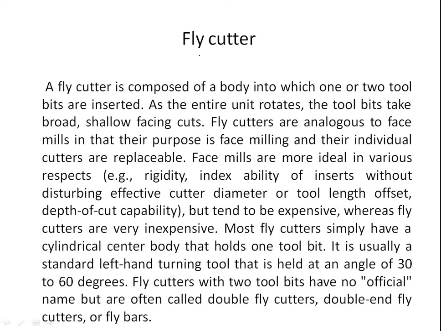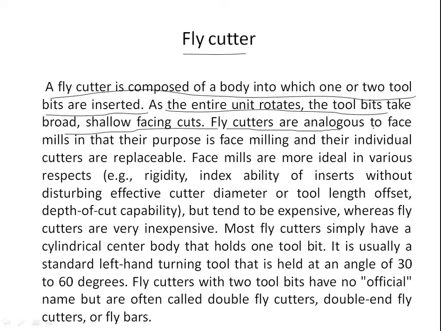Next we will be discussing the flying cutter. A fly cutter is composed of a body into which one or two tool bits are inserted. As the entire unit rotates, the tool bits take broad, shallow facing cuts. Fly cutters are analogous to face mills in that their purpose is face milling and the individual cutters are replaceable.